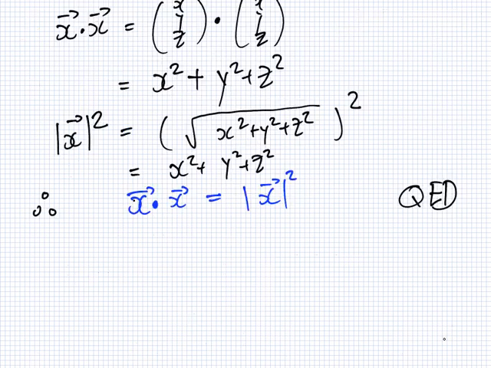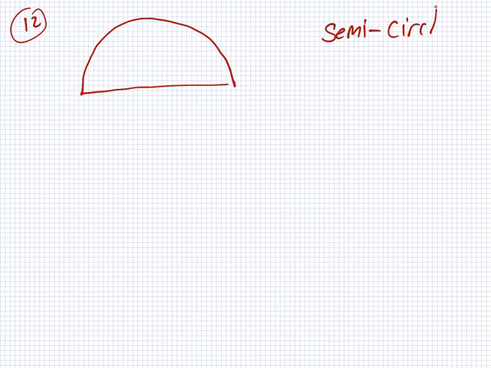So the last one here, you might remember this from middle school. If you have a semicircle and you draw a triangle from one end to any point on the arc to the other end, this is always a right angle.